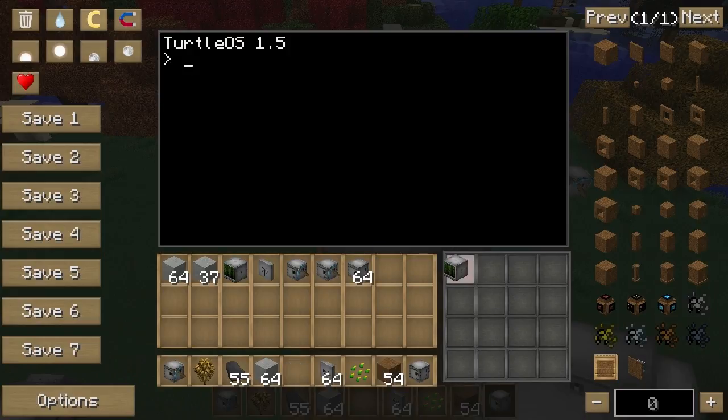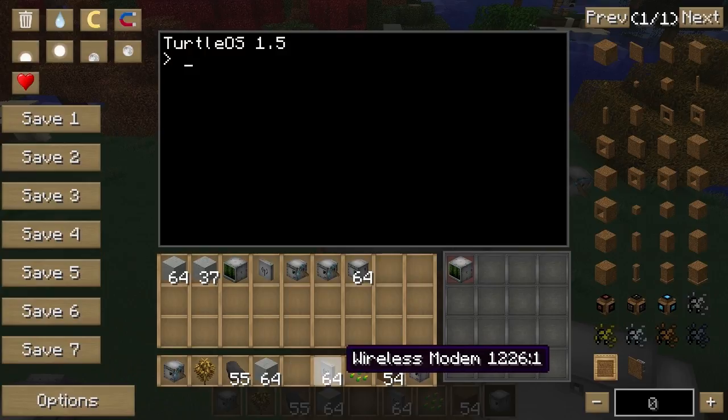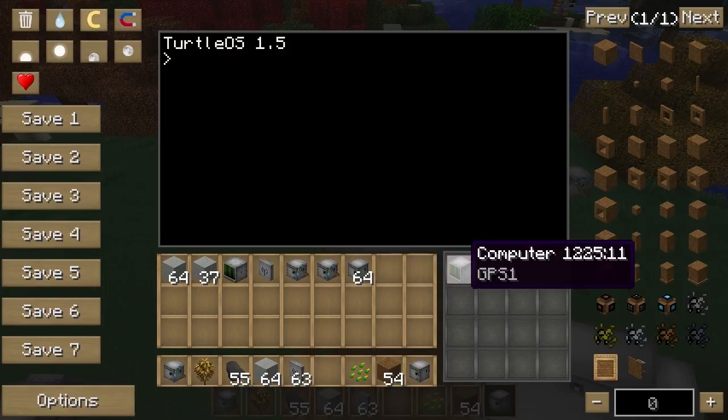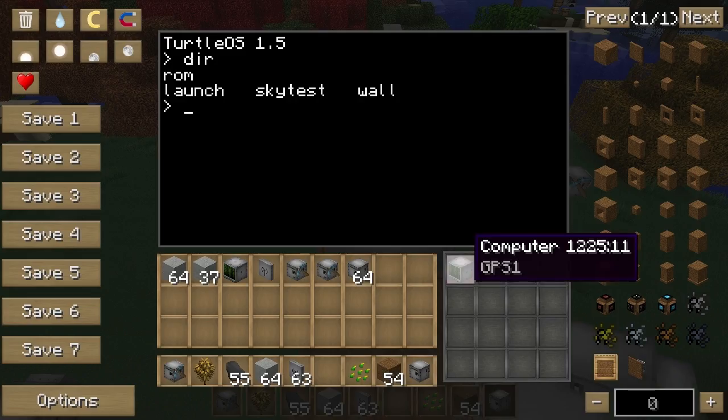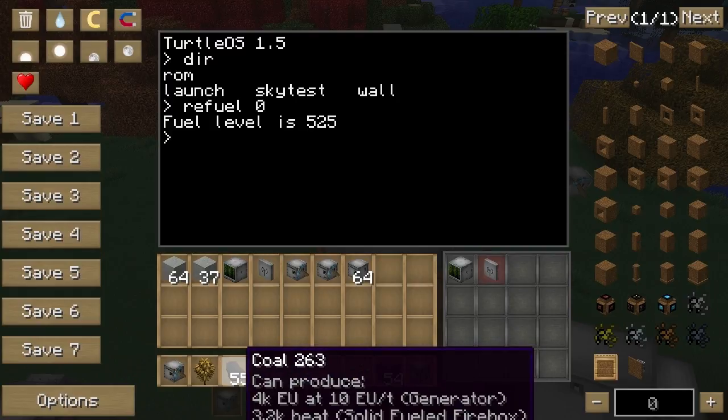So GPS 1 is going in here. Right? Yeah, that's the console. The GPS 1 is what I've already set. But wait a minute. 525.